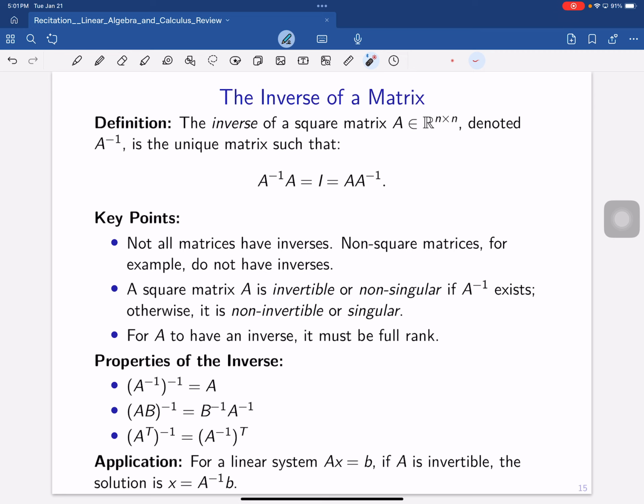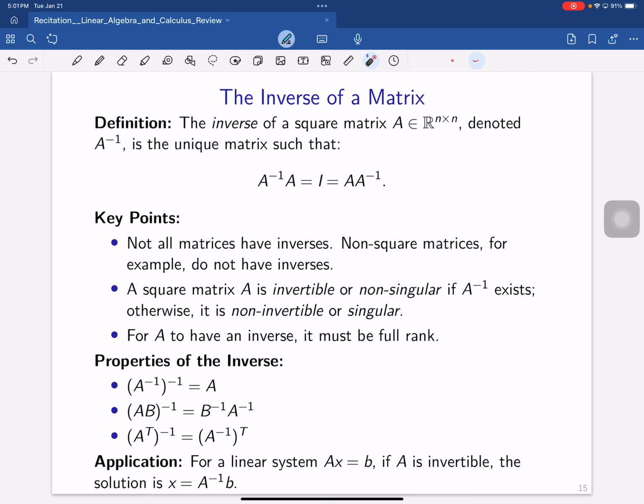Okay. And there are some properties of the inverse. Most of them should be pretty straightforward. If you have the inverse of A times B, it is equal to B inverse times A inverse. You need to flip these two matrices, and you can verify that easily.